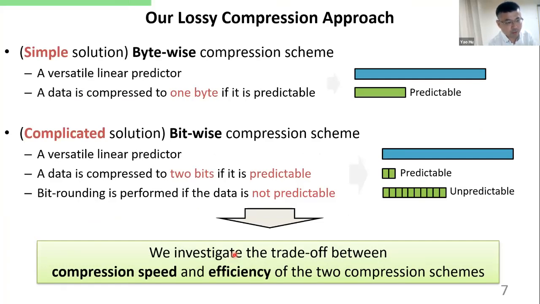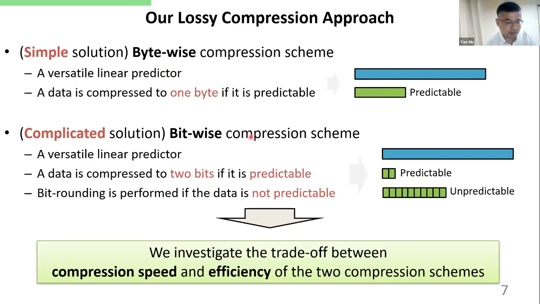In this work, we propose two lossy compression techniques. The first is a simple solution, which is called the bytewise compression scheme. The second is a more complicated solution, which is called the bitwise compression scheme. Both methods use a versatile linear predictor. For the bytewise compression scheme, the data is compressed to 1 byte if the data is predictable. Otherwise, if the data cannot be predicted, it is transferred as it was.